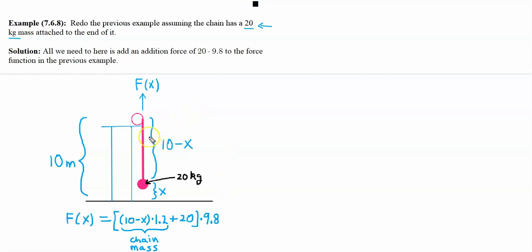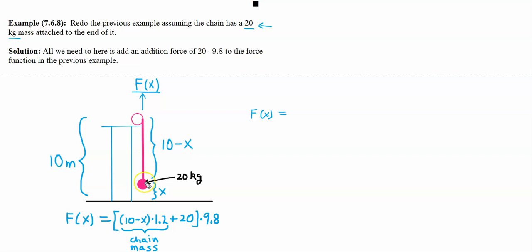Okay, so now we have to once again figure out what the force function is going to be as we lift this chain upward. Suppose we have already lifted the chain a distance x. Then our force function is going to be, well, we have to calculate the amount of force required to lift the chain.